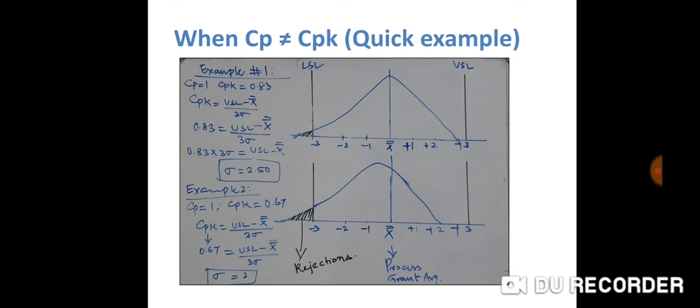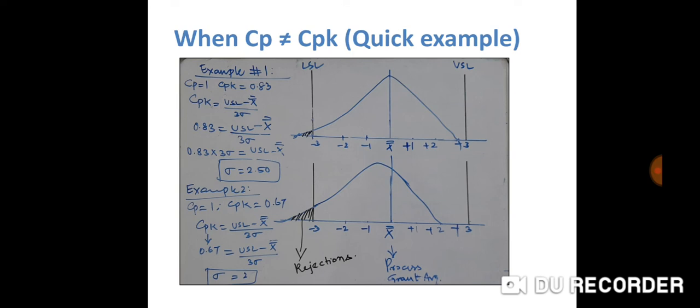What we also need to know is that the Cpk value will always be equal to or less than the Cp value. So Cpk equals USL minus X double bar by 3 sigma. We know Cpk is 0.83, USL minus X double bar by 3 sigma. If we cross multiply, we get 2.5.